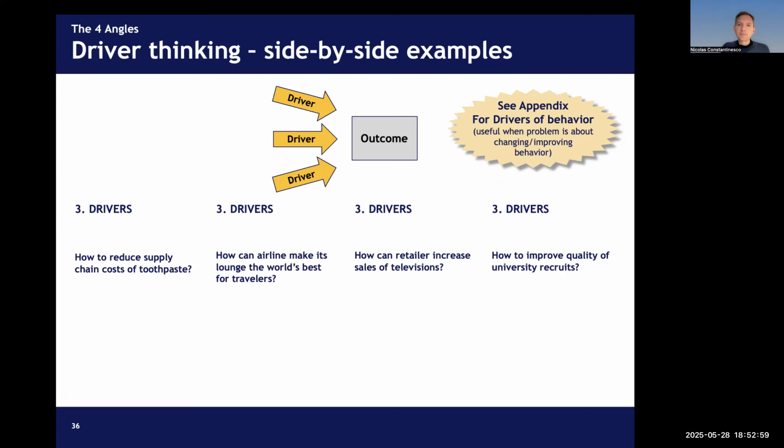A lot of business problems can be framed in terms of problems about how to change people's behavior in a way that benefits us. The most classic case is actually how to change customer behavior so that they buy more. Yeah. And so when you frame the problem like that, you can look at it in terms of what are the drivers of people's behavior.